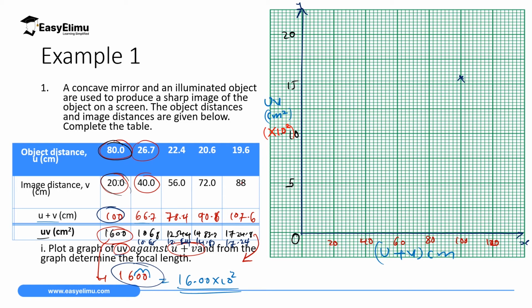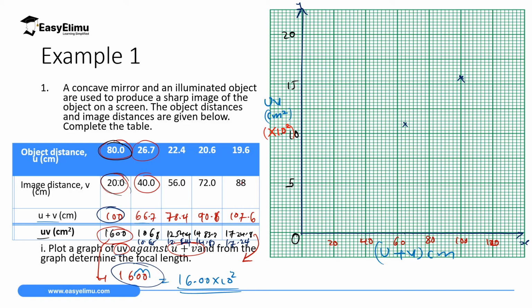Where we have 66.7, this is 60, this is 70 here, so 66 is somewhere here. Then we have 10.68. So where we have 66.7, we will move up to a point where we have 10.68. 10.68 is somewhere here.